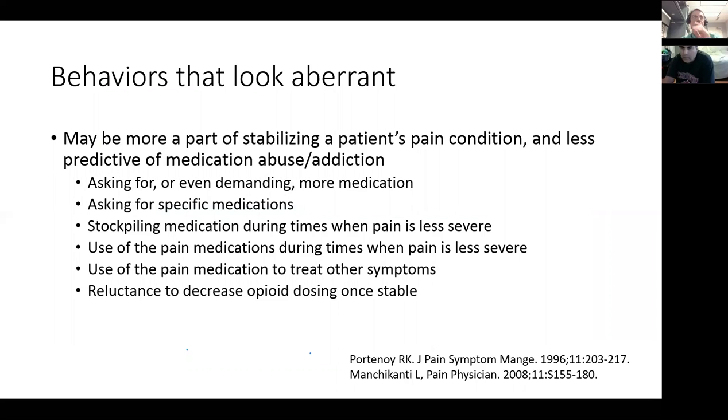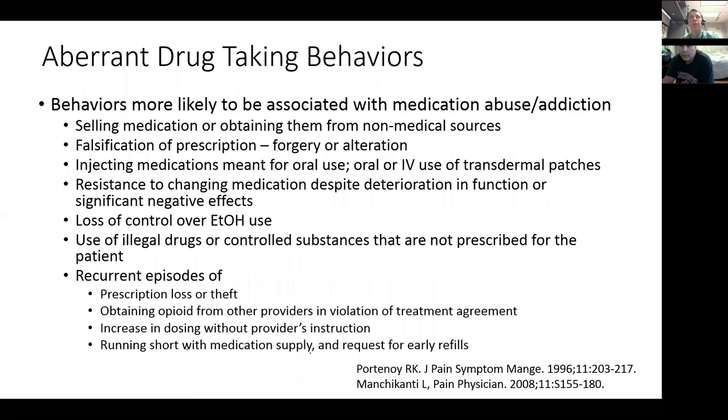I'm going to suggest that you are probably very well aware of what aberrant behaviors look like. We tend to see some of this, especially in cancer patients who have not had their pain well controlled. While it may initially be indicative, I think it requires further investigation and further discussion with the patient in an open, objective, non-accusatory way about why they are doing what they're doing with their opioids.